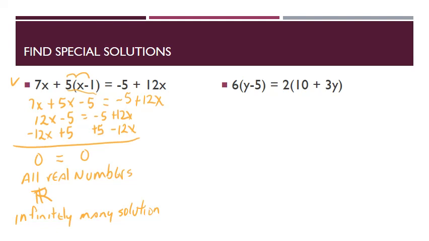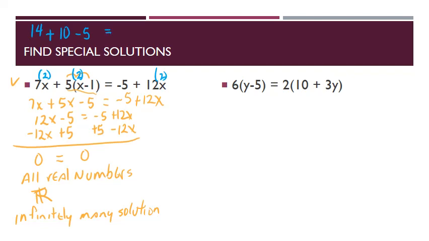What do you say we pick 2? How about that? So I'm going to substitute in 2 for x right here, right here, and right here. All right, well, 7 times 2 is 14. Plus, well, let's see, 5 times 2 is 10. And 5 times negative 1 is negative 5.